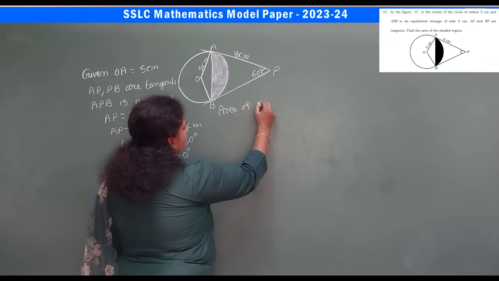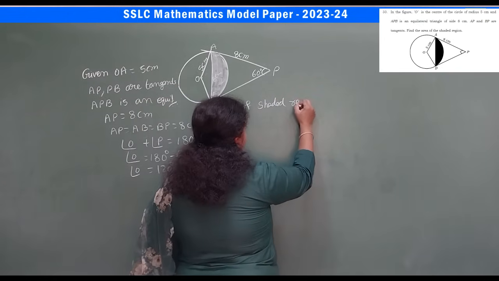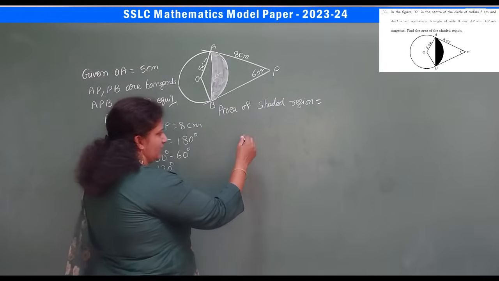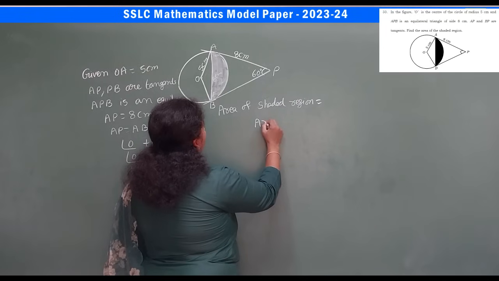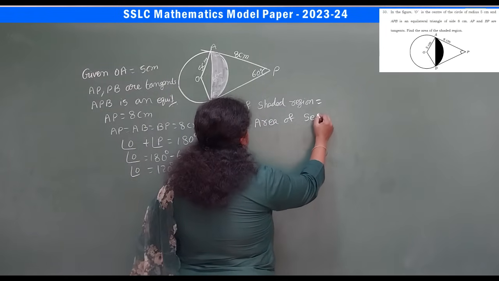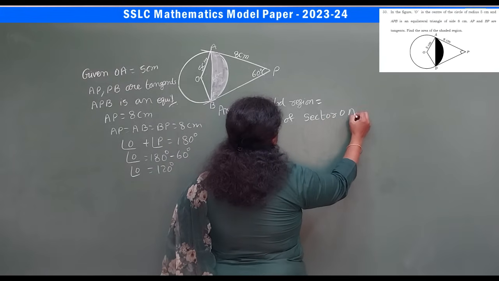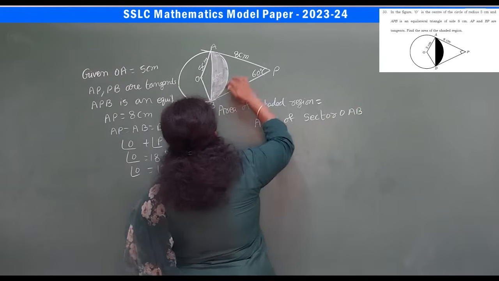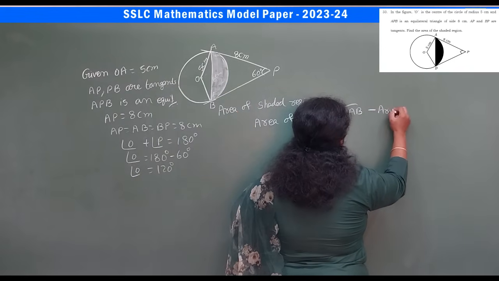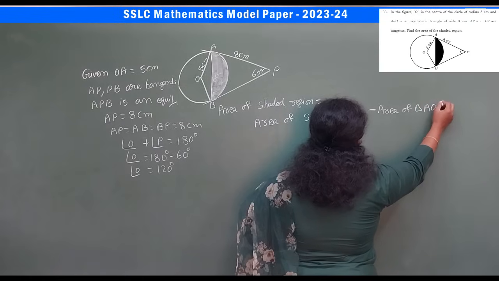Area of shaded region is equal to... what is the formula? Area of sector OAB, this complete sector, minus area of triangle AOB.